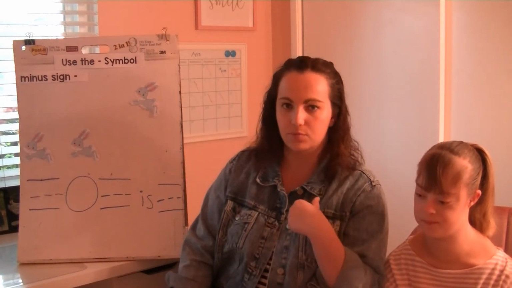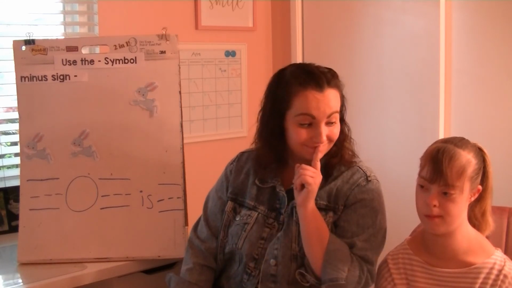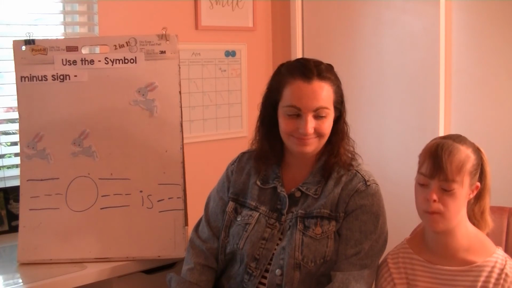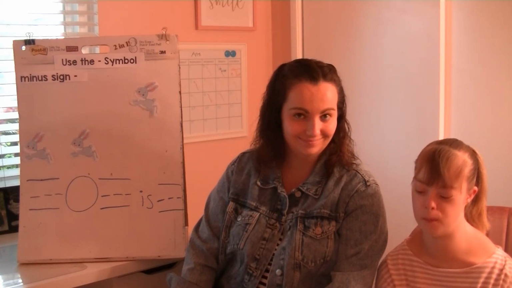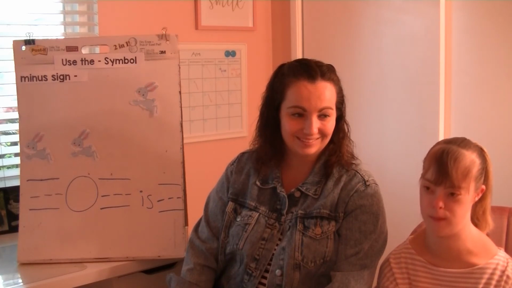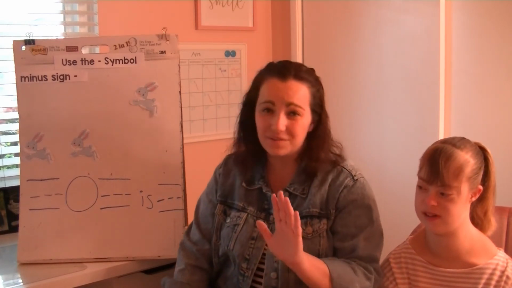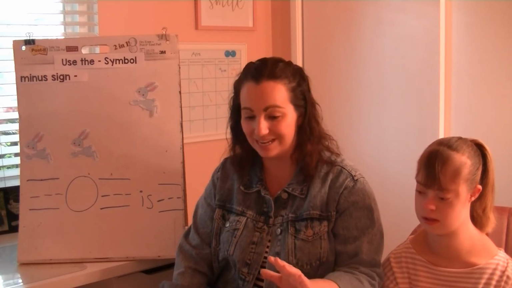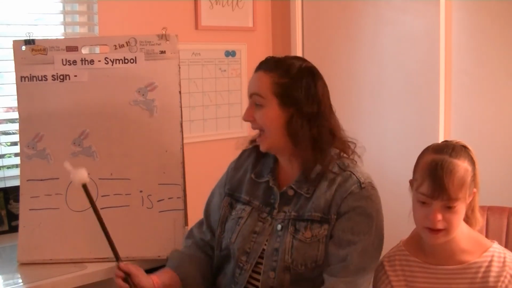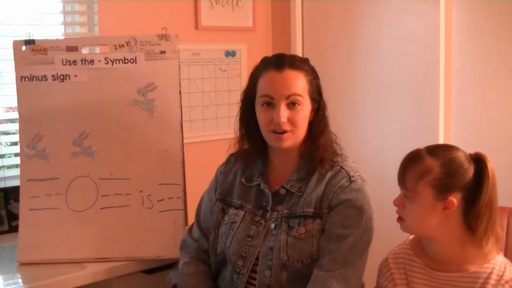Kaylee and I will give you some think time. Okay, hopefully that was enough think time. If not, go ahead and pause us. Keep that answer in your head. Let's double check how many bunnies we started with.